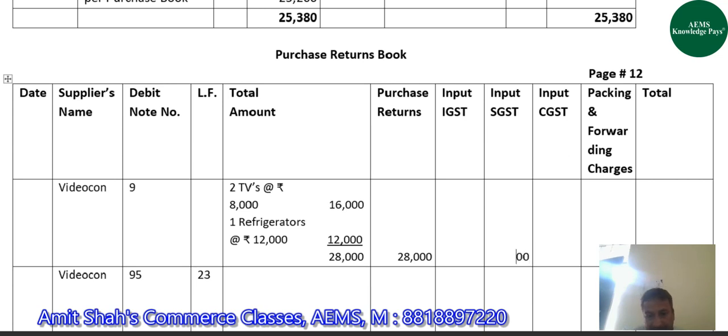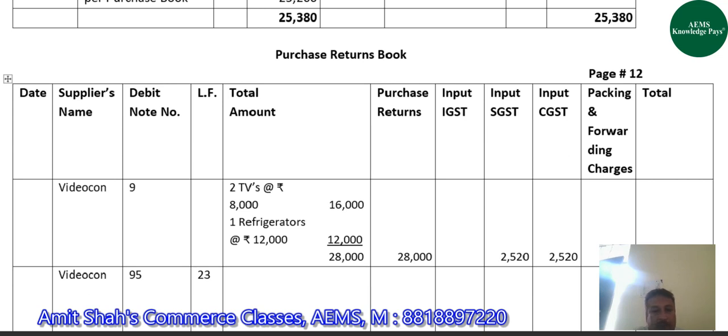So 9% is 2,520, and here also 2,520. Nothing here.